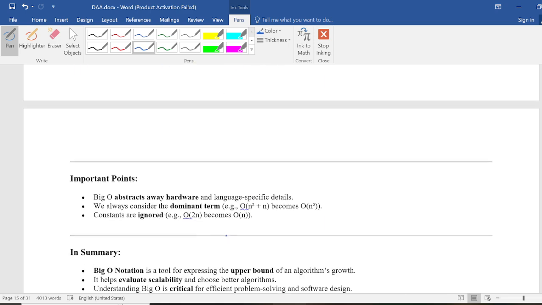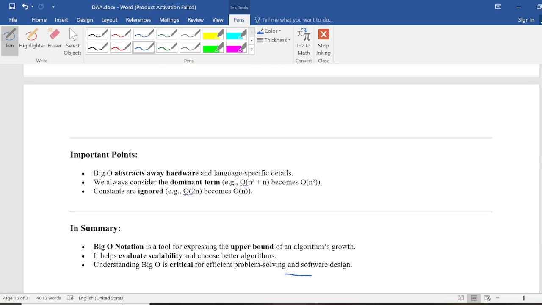So finally, big O ignores constants and focuses only on the most important, or dominant, terms. It does not depend on the hardware or programming language, as we have already discussed.